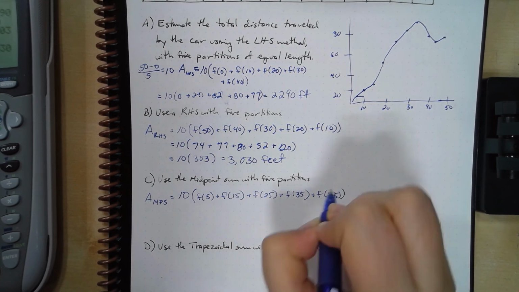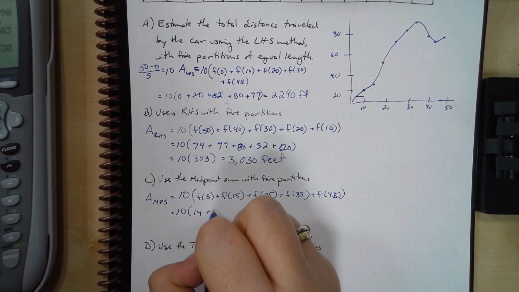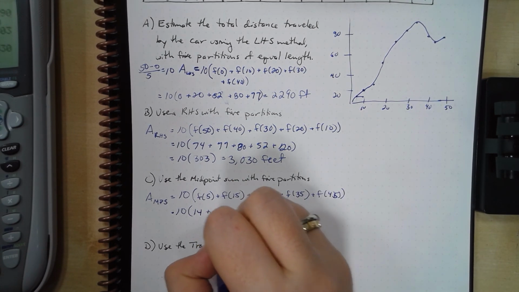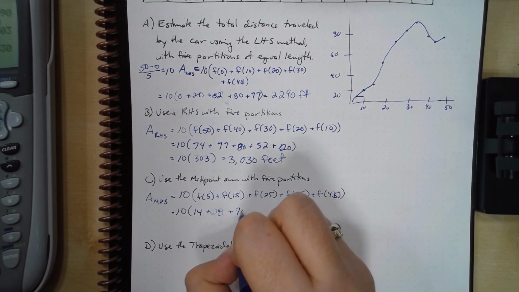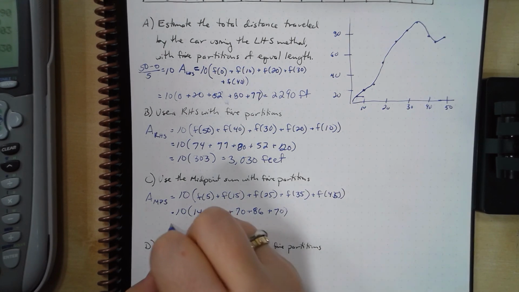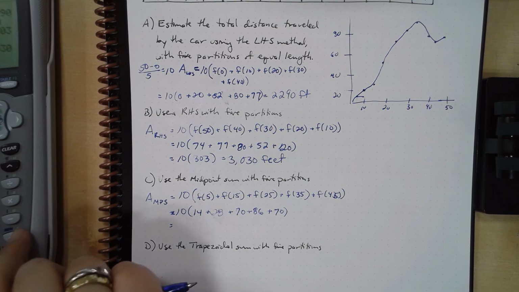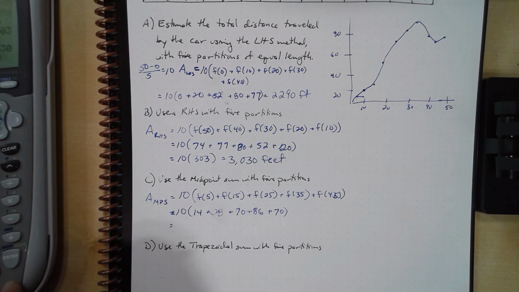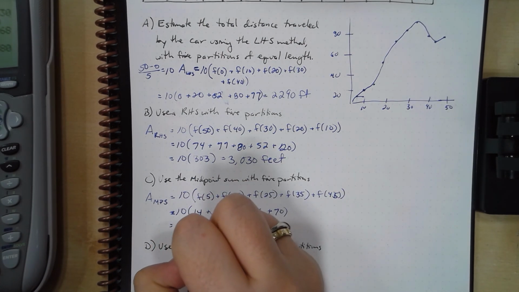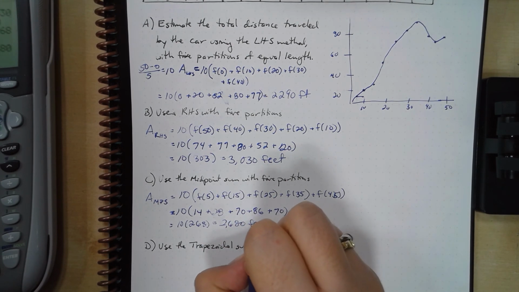All right, we still got 5 terms there. So this is going to be 10 times 14 plus 28. I almost wrote 15. 28 plus 70 plus 86 plus 70. So we have 10 times 268, which equals 2,680. Woohoo! And again, that's in feet.